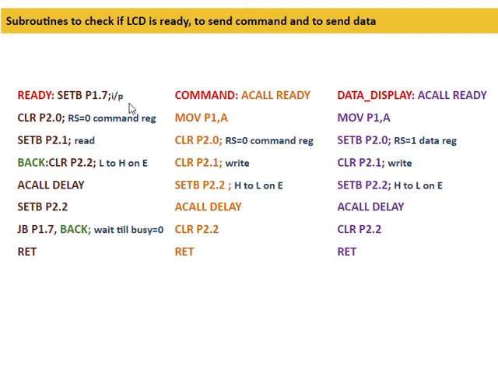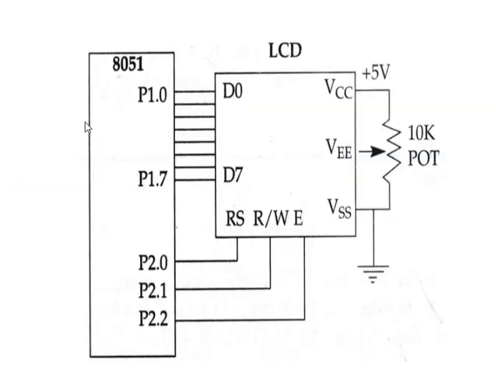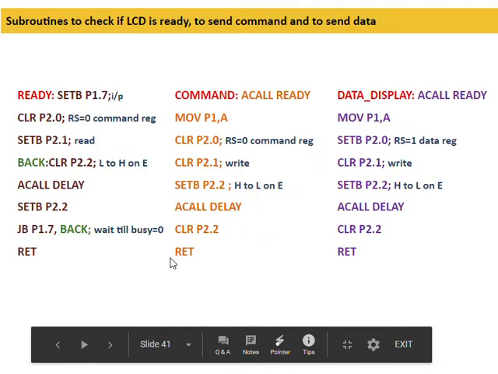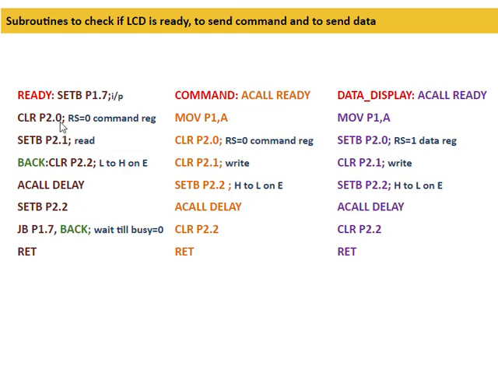The next step is to select the command register. To select the command register, RS pin should be made equal to 0. RS is equal to 0 for command register. And if you look at the interfacing diagram, RS is connected to P2.0. To make RS 0, we should clear P2.0. So the instruction will be clear P2.0.